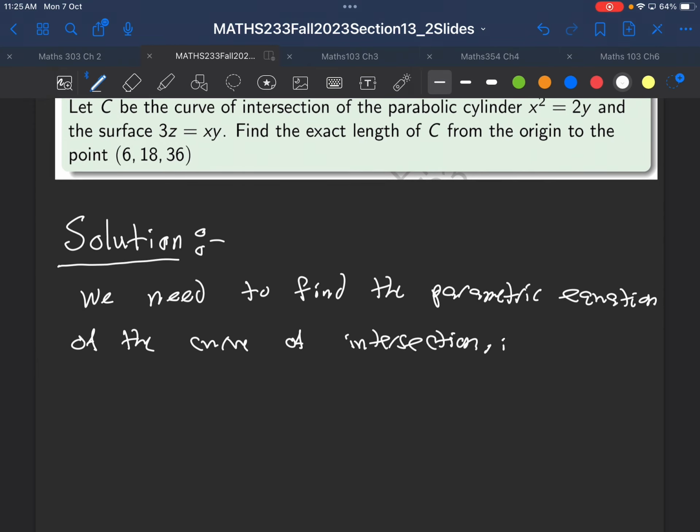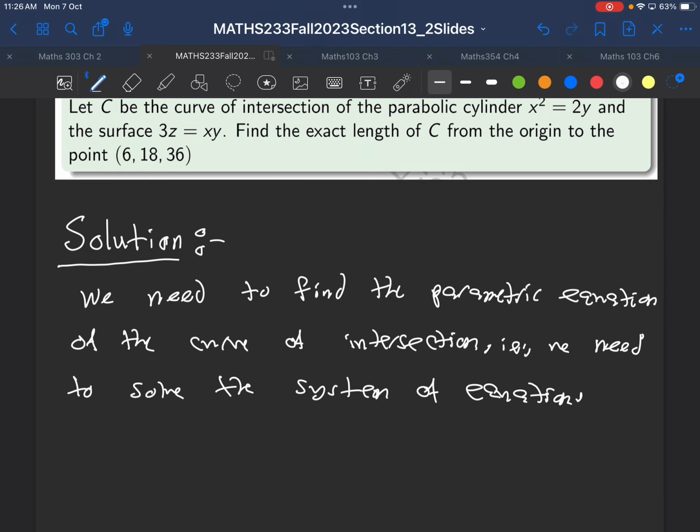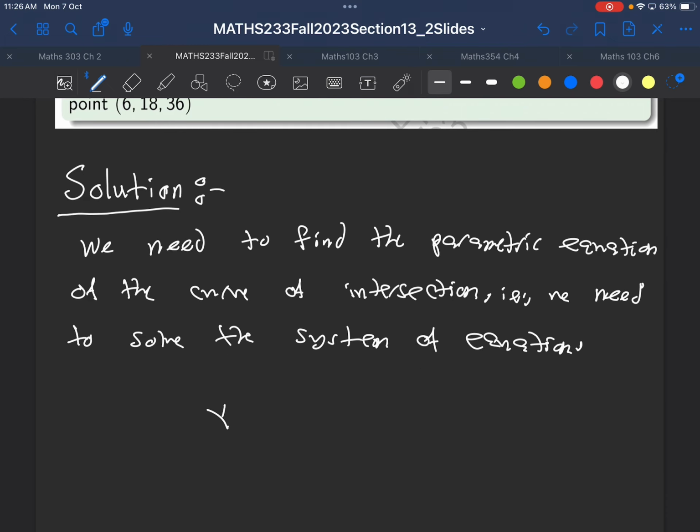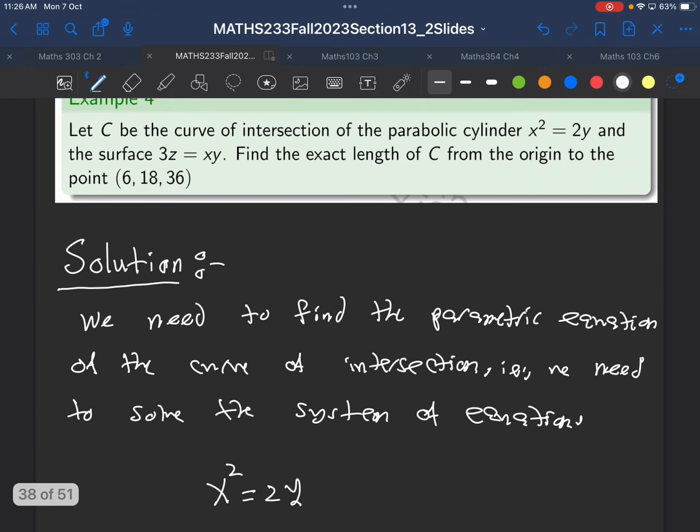It means we need to solve the system of equations. So we have a system of equations, we need to solve them. Now, what's the system of equations? It is x squared equal to y. This is equation number 1. Equation number 2, 3z equal to xy.